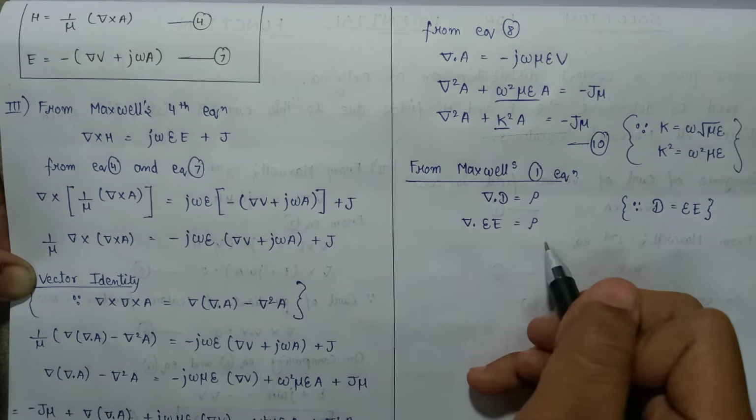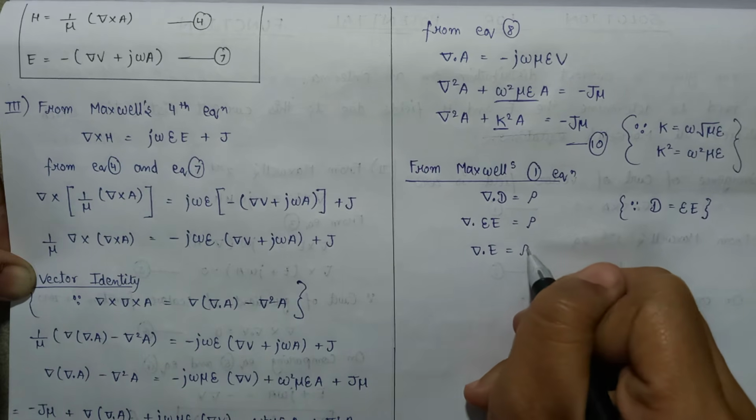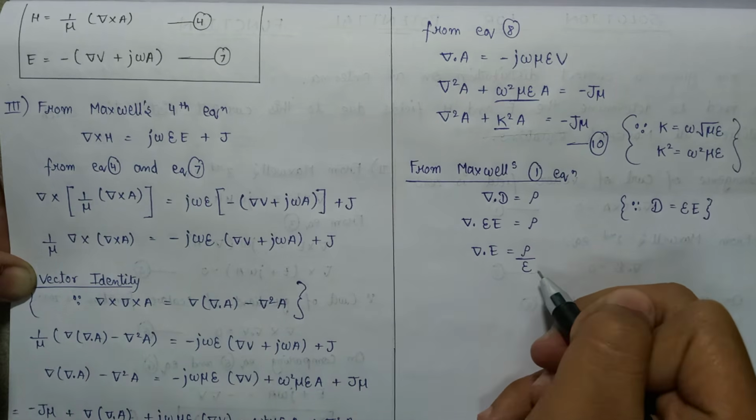If we shift this epsilon to the denominator, then it becomes del dot E equals to rho over epsilon.